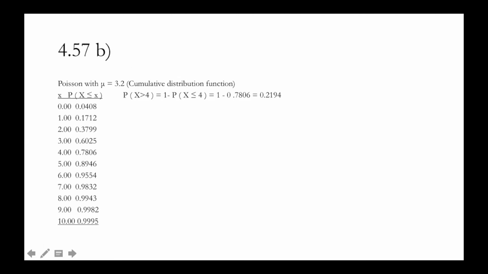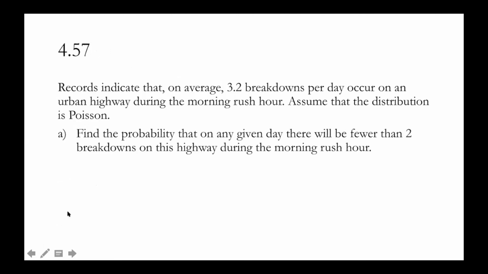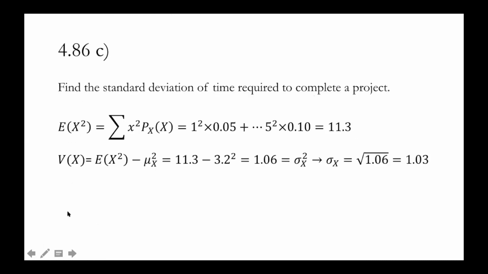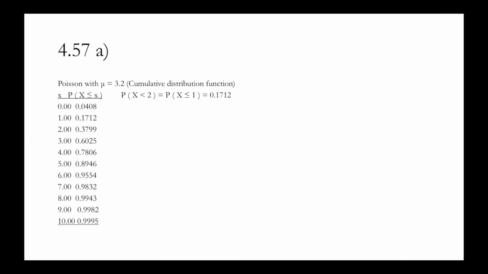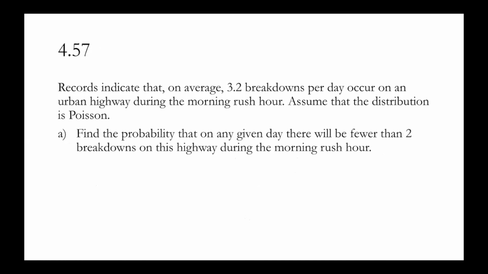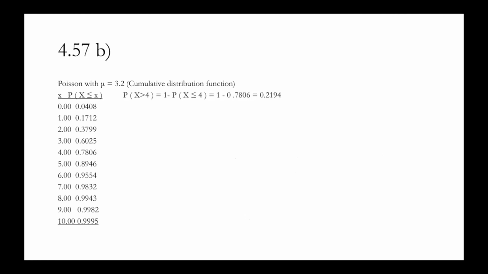And then we have the B question. The question was, find the probability that it will be more than 4 breakdowns. So we take the whole sample space, which is equal to 1, minus the probability that x is equal to or lower than 4.